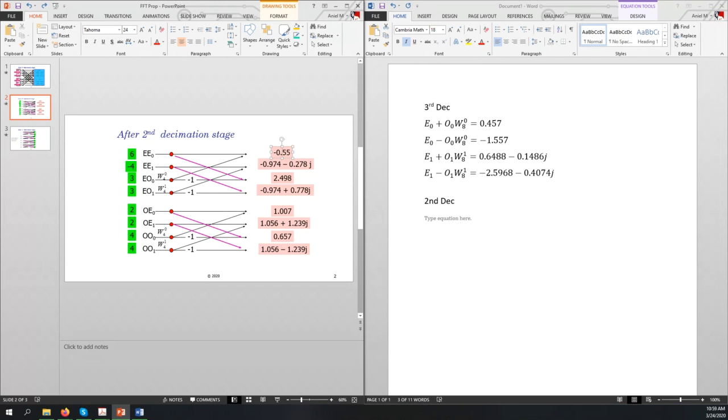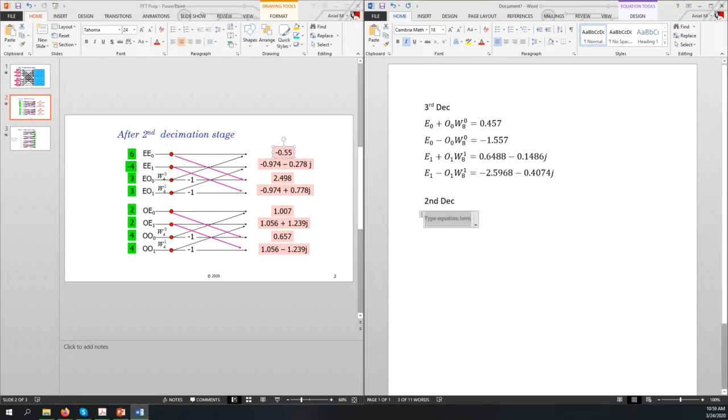The command for inverse fast Fourier transform is IFFT, actually. So E naught will be going towards this value here, and then the addition of EO naught multiplied by W4 naught will result in this value.